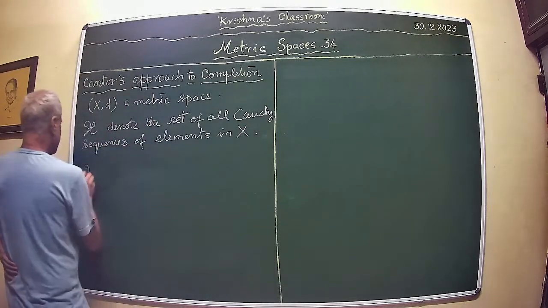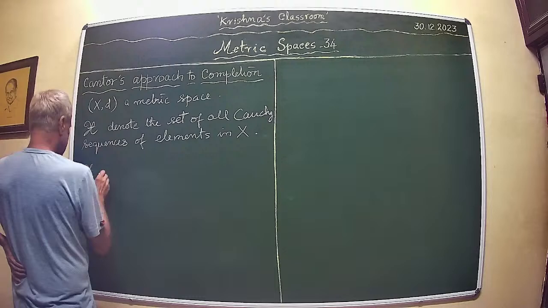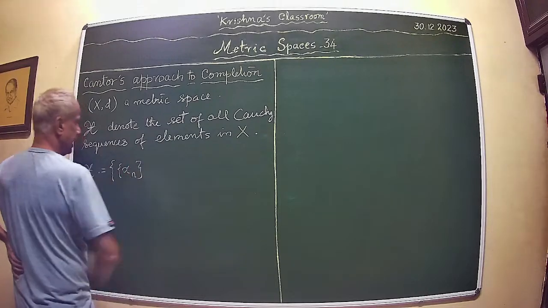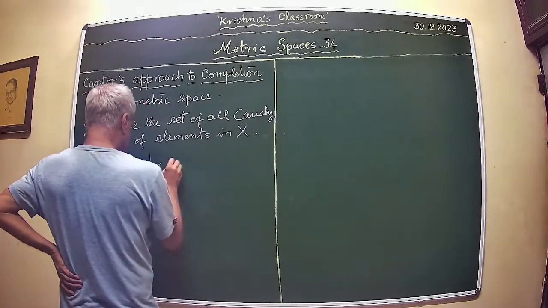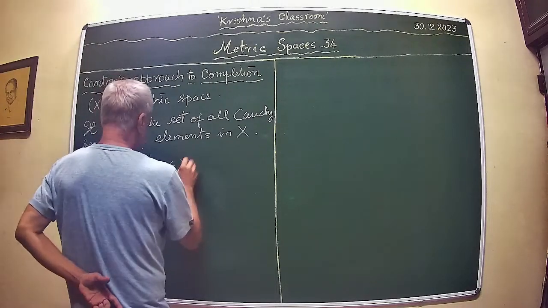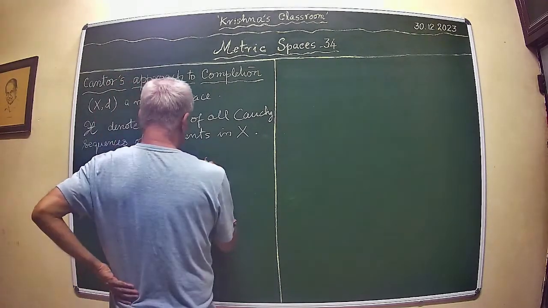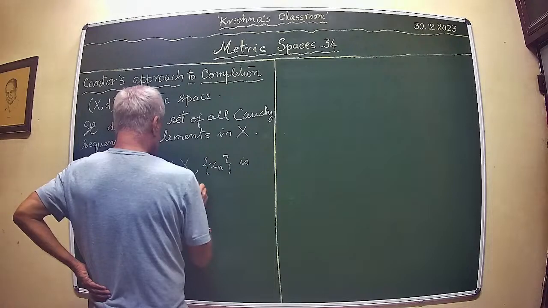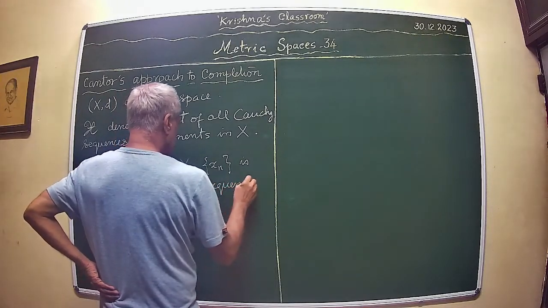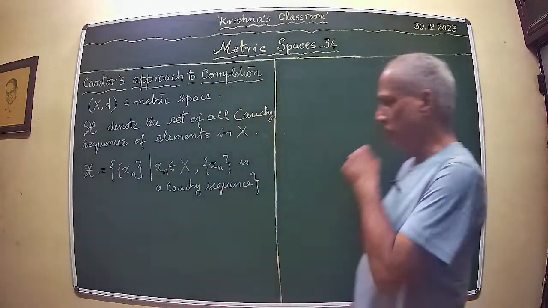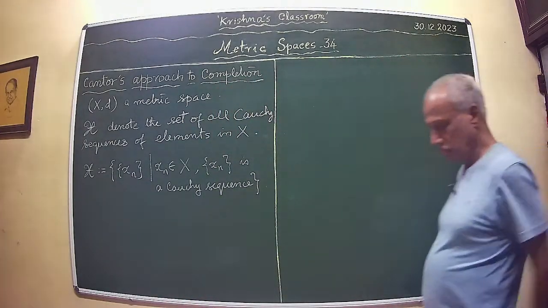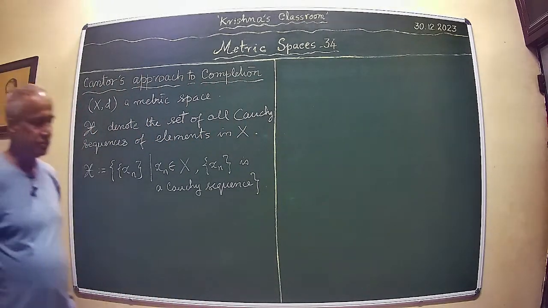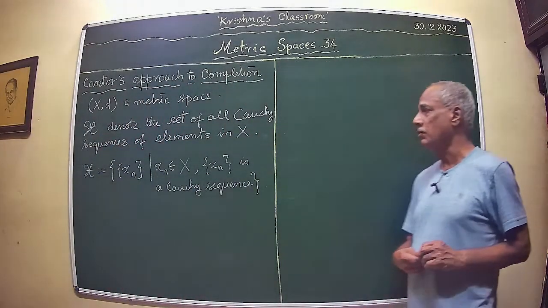That is, sorry, script X is defined as the sequences xn, where xn belongs to X. So this is a new object we have constructed or fabricated out of the elements of X.